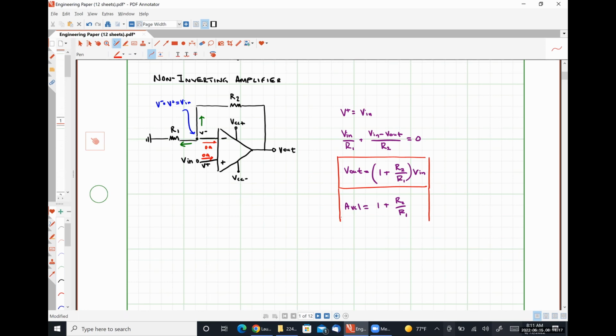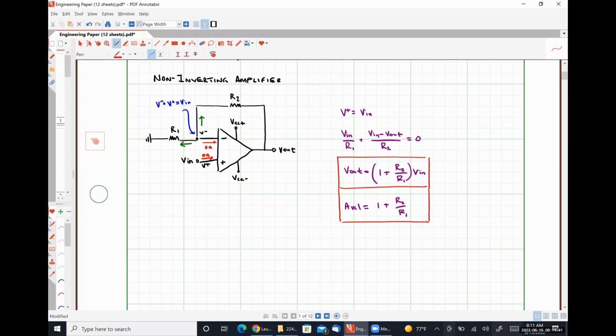So let's talk about the behavior of this particular amplifier for just a moment, okay? So this is a non-inverting amplifier for two reasons that really mean the same thing. The first reason is that if we put a positive input voltage in, we get a positive output voltage out, right? So there is no change in the sign.